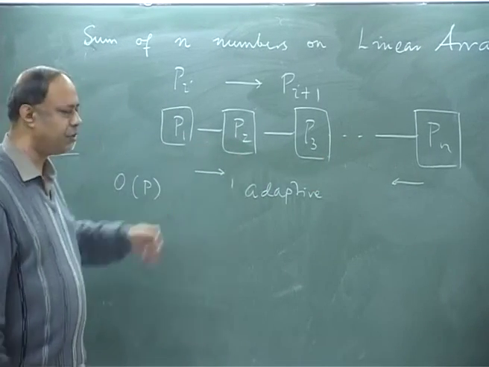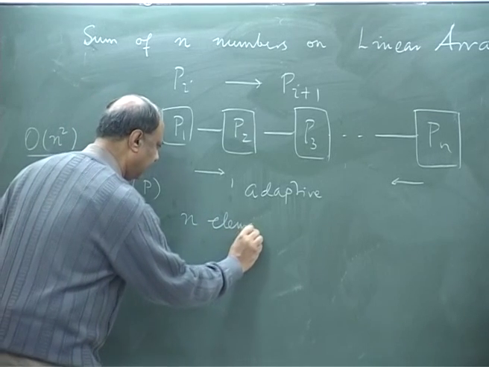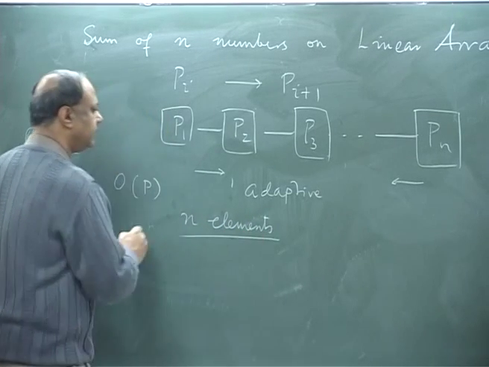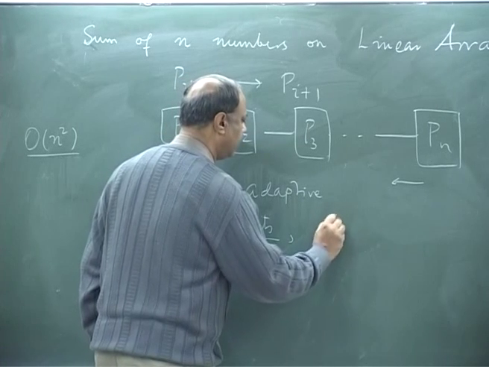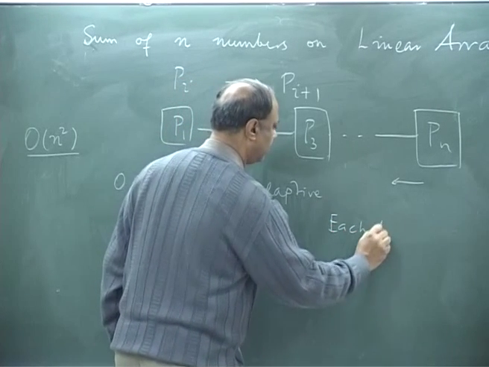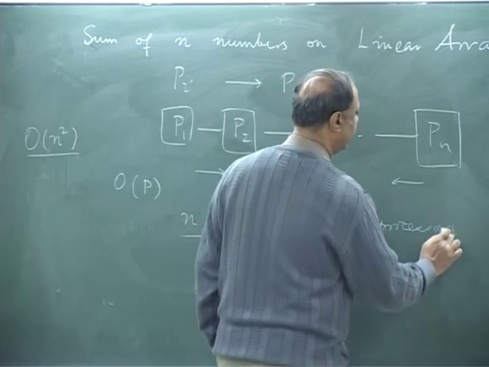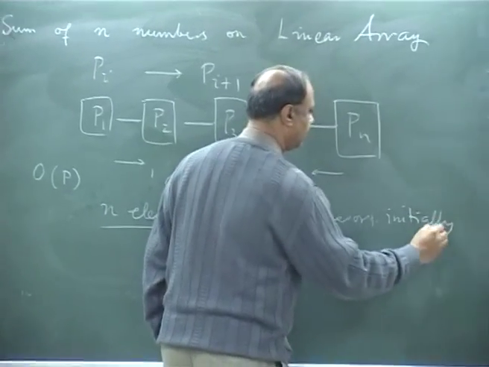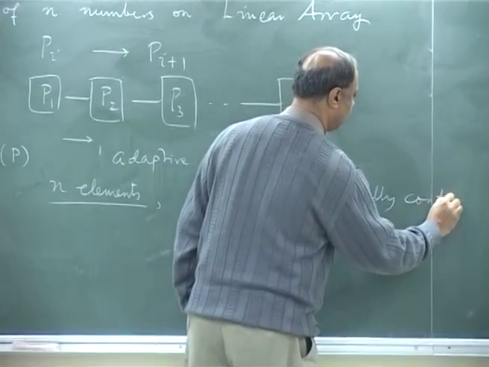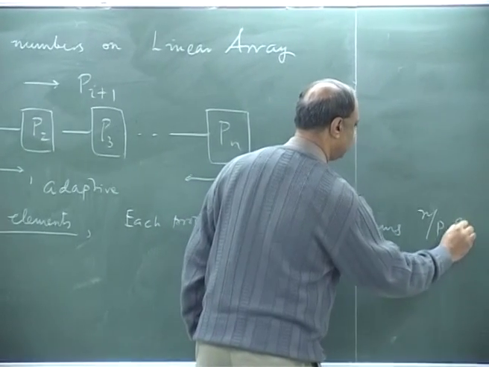Now, I assume there are n elements and p processors, and each processor initially contains n by p elements.